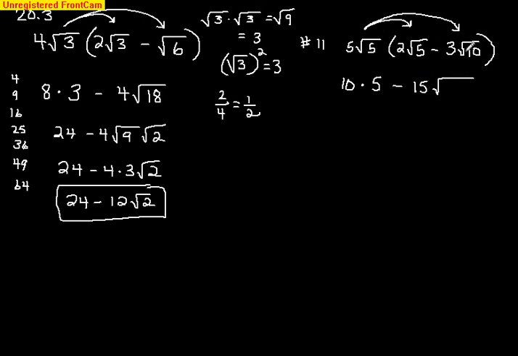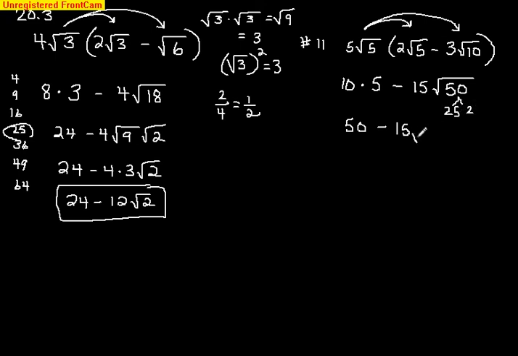Square root of 5 times the square root of 10 is the square root of 50. Now this isn't simplified yet, so we get 50 minus, make sure I did that right, 15, and we look on our list and see which perfect square divides evenly into 50, and you can see it's 25. So this would split into 25 times 2.